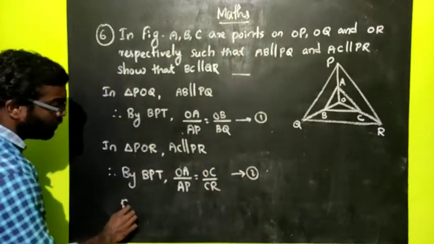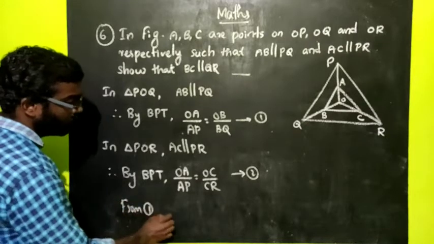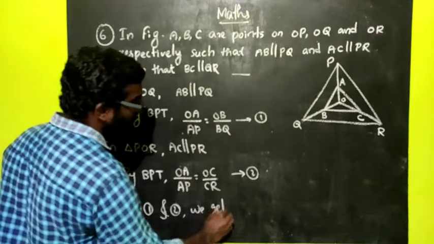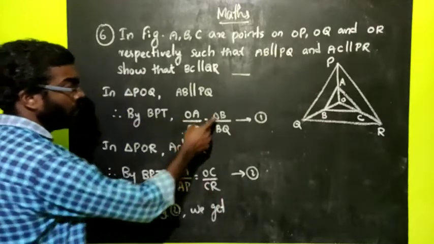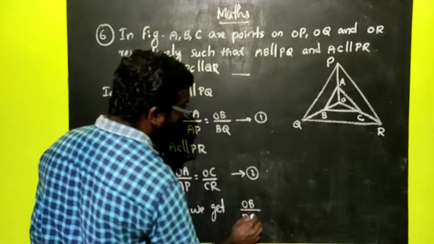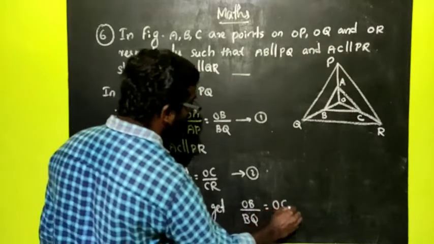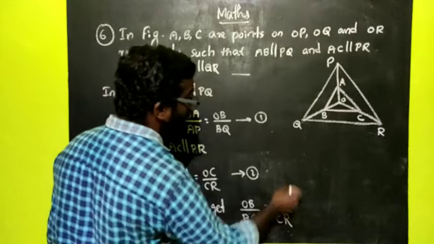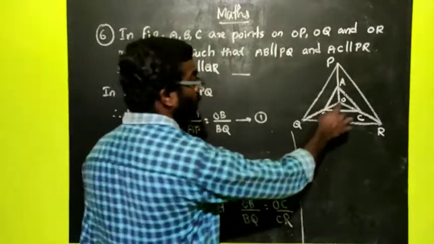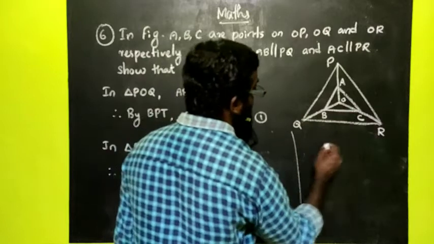So from 1 and 2, the LHS is the same, so the RHS is the same. OB by BQ is equal to OC by CR. Now look at the triangle OQR.